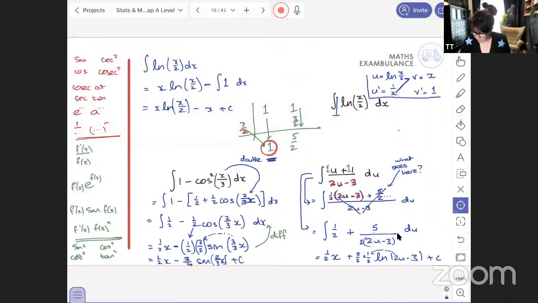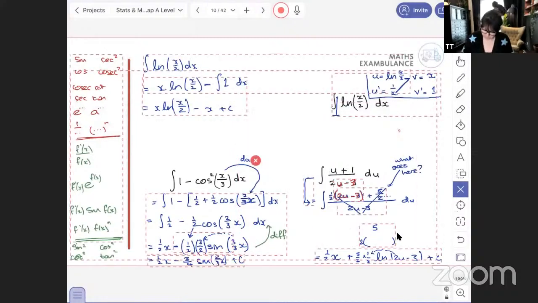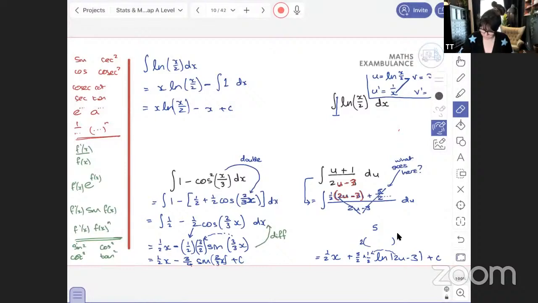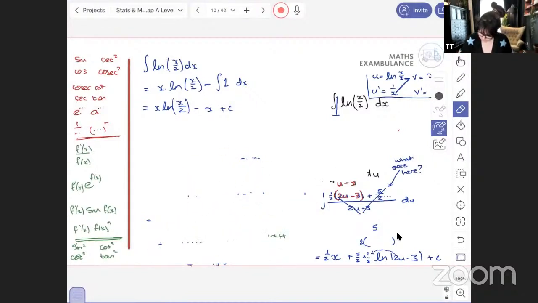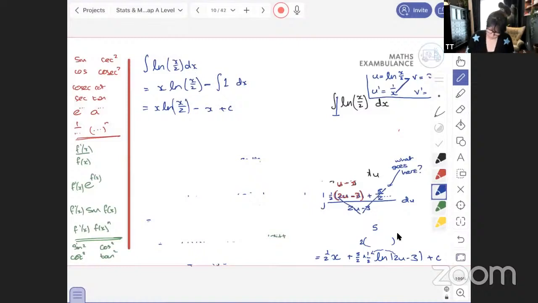What happens if you differentiate this? The derivative of x ln(x/2) minus x. We need the product rule, first of all.